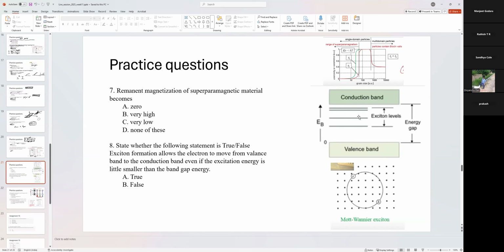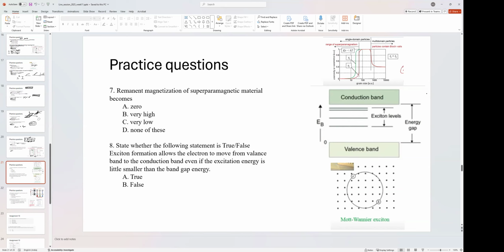From this plot itself, as you can see, for superparamagnetic materials, coercivity at remanence is almost zero.